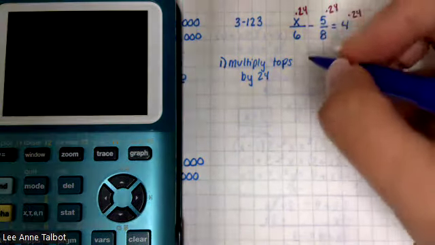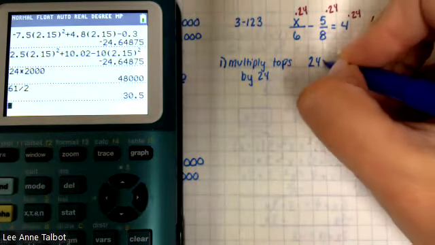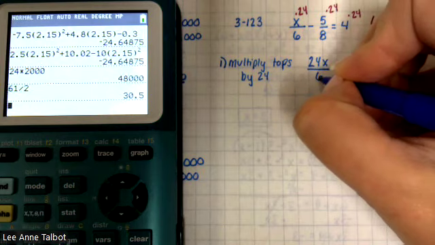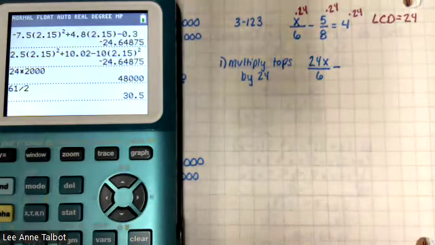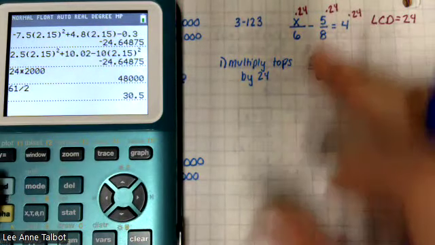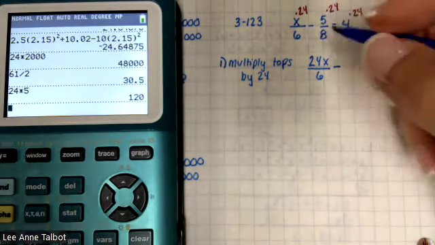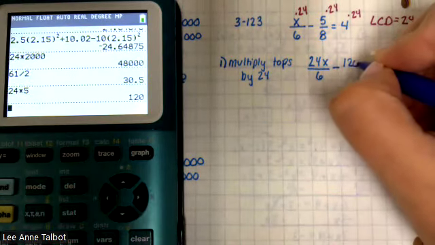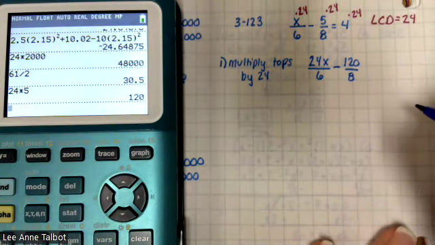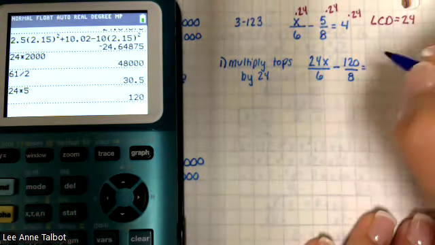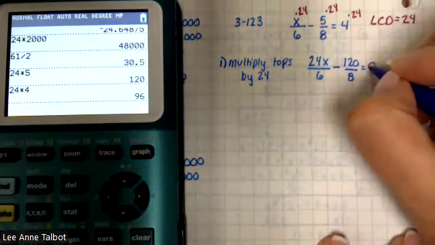Okay, so right here, I have 24 times x, so 24x over 6 minus, okay, now on this one, I need to do 24 times 5, which is 120 over 8 equals, and then 24 times 4 is 96.